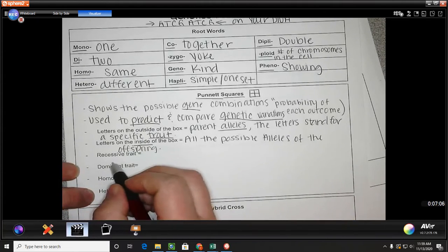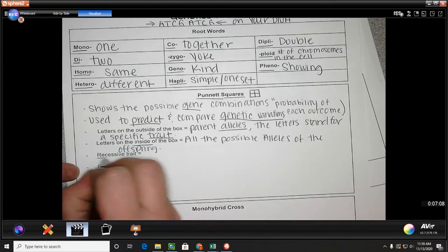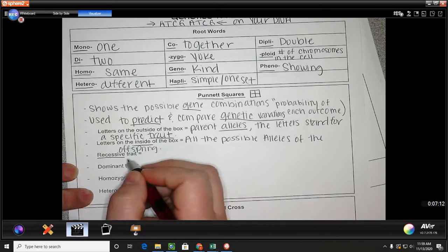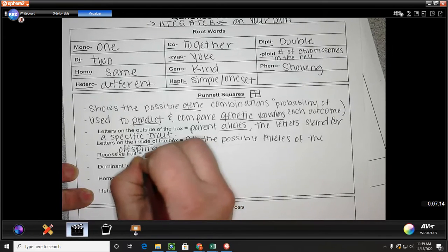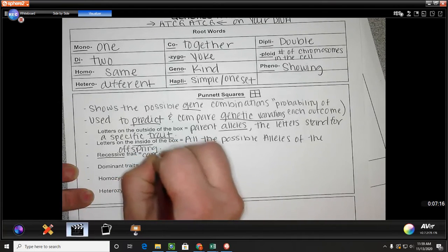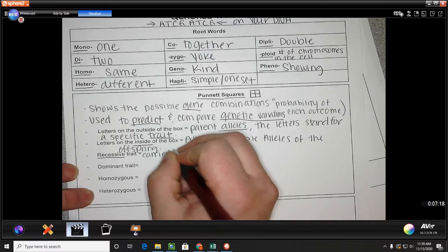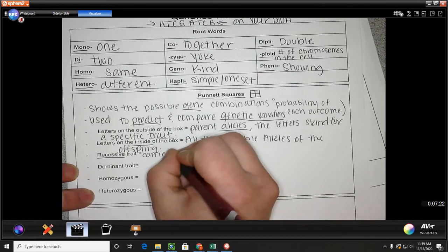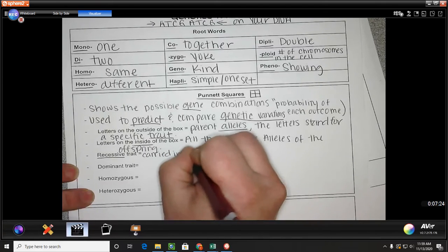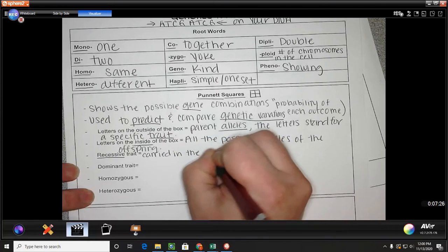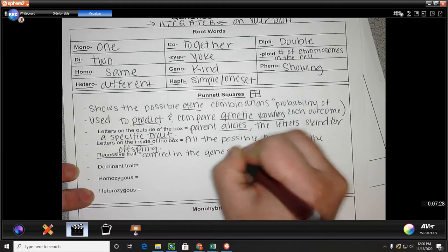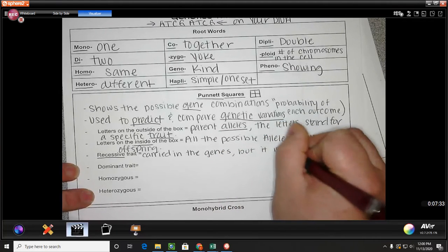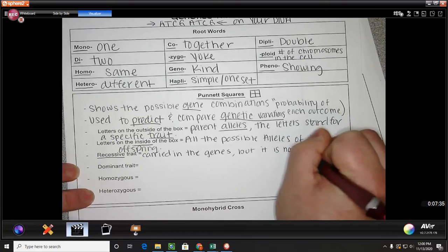All right, recessive. Recessive is the weaker trait. It is carried in the genes, but it is not shown.